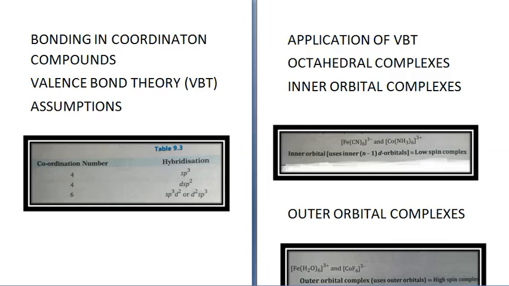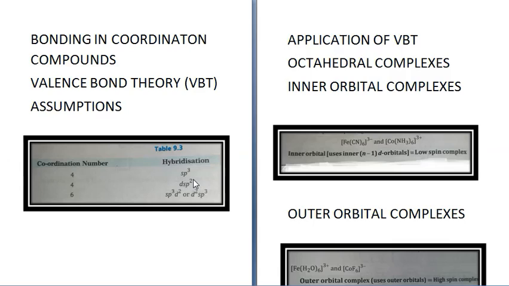Like for example, if the neighboring atoms are 4, coordination number is 4, hybridization will be sp3.